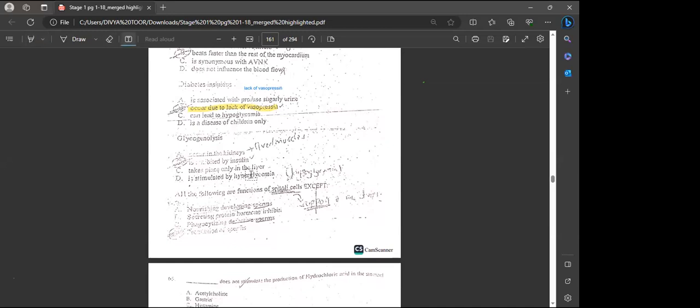That's why we want to use glycogen. Yeah. Then it's inhibited by insulin. Yeah, that's right, because insulin is high when there is hyperglycemia. So yeah, it takes place only in the liver.